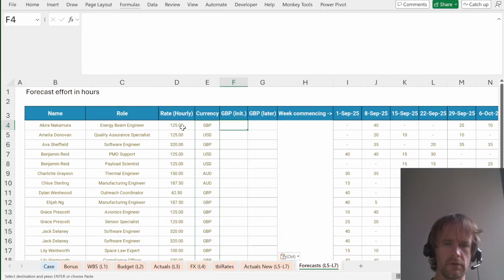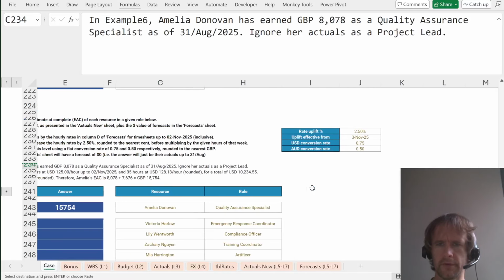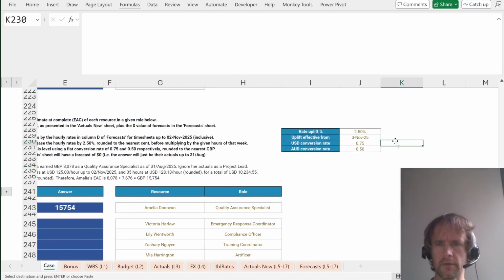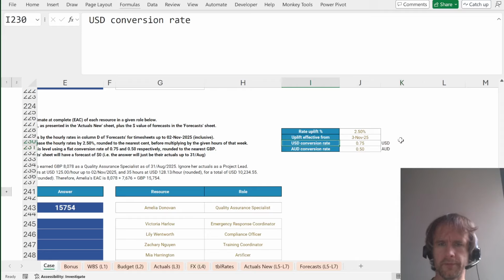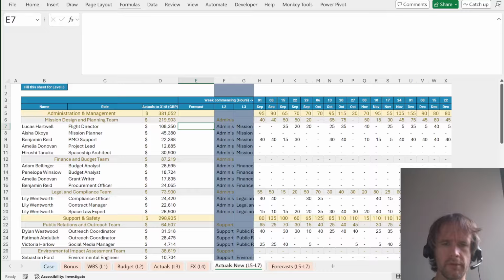So here's our table. So USD, AUD. No, let's do it as this. Call this L6FX. What am I? Oh yeah, I meant to get rid of that.